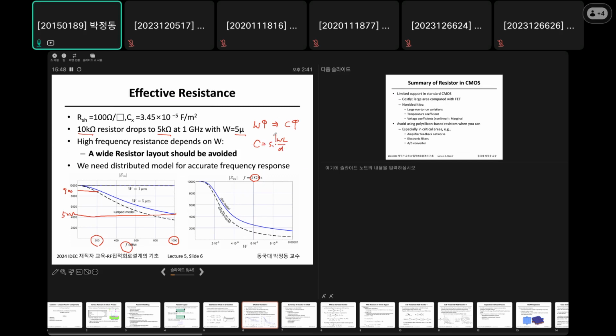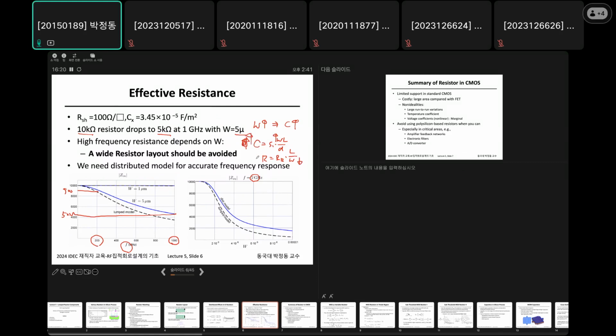If you increase W, your resistance is inversely proportional to this, which means the RC constant is reduced quite a lot. So C is increased and R is reduced.